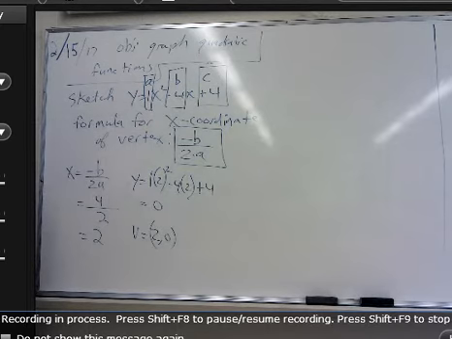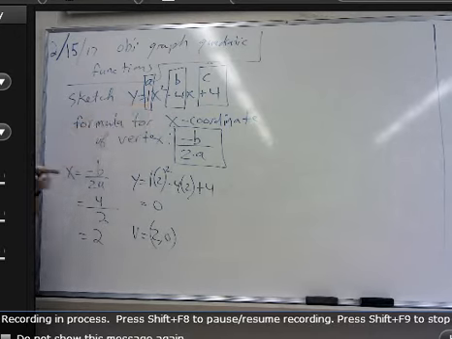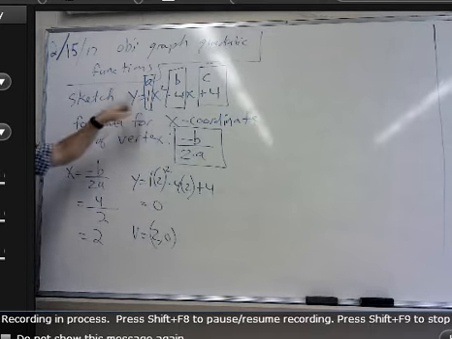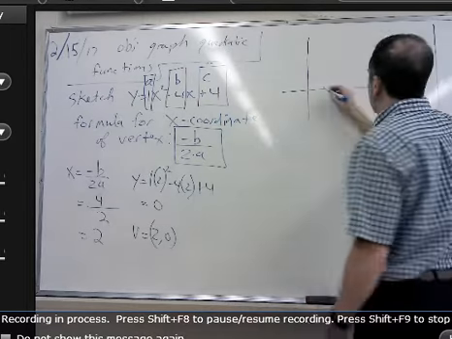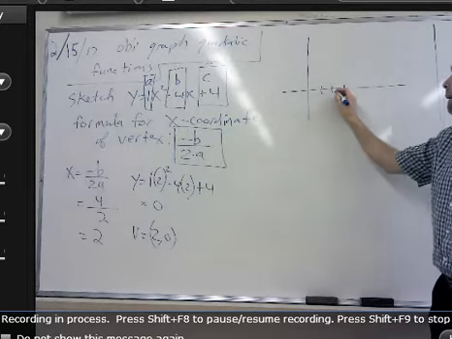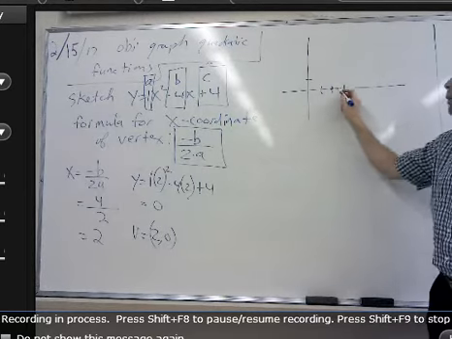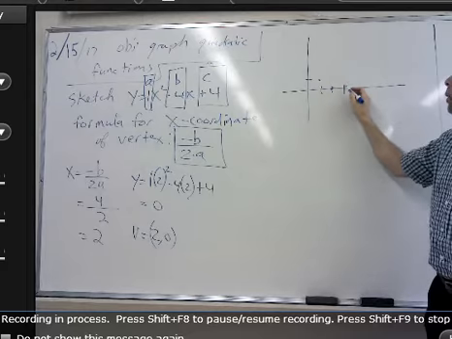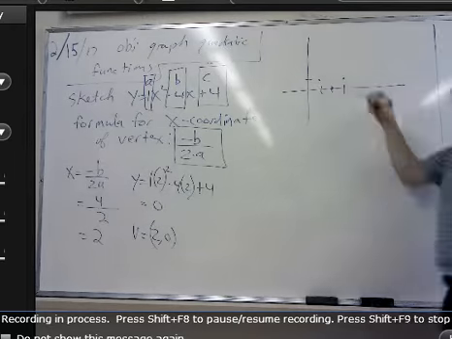Just like in the vertex format, the slope is in front of the squared term. This one's also in front of the squared term, so the slope is going to be 1. So our sketch: vertex is (2, 0). And from there we're going to go over 1, up 1, over 1, up 1, and then we're just going to connect the dots.